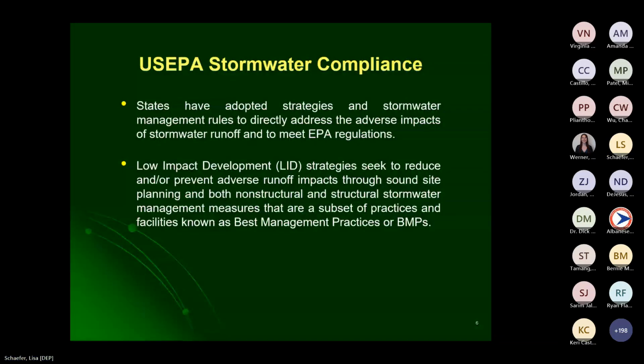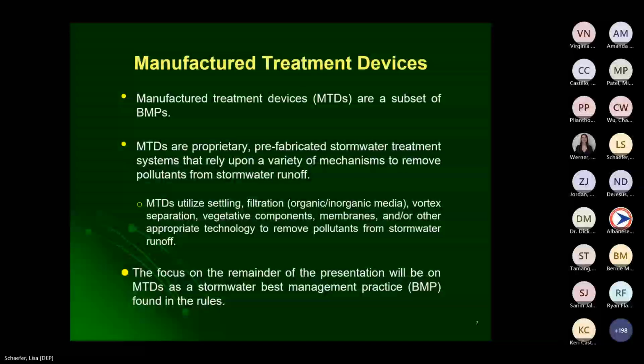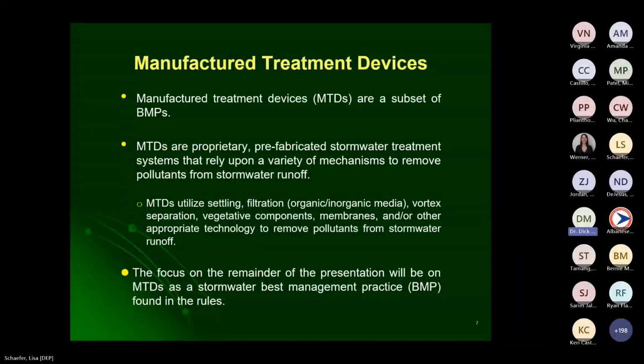Okay. So the subject we're going to focus on is what are called manufactured treatment devices. These are listed, and they're a subset of your best management practices, which we referred to in some of the earlier presentations, some of the manual. They're proprietary, prefabricated stormwater treatment systems that rely upon a variety of mechanisms to remove pollutants from stormwater runoff.